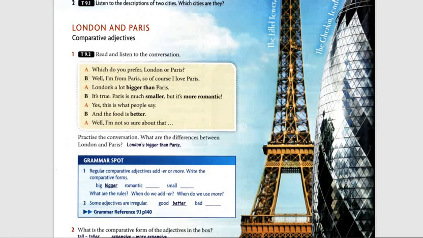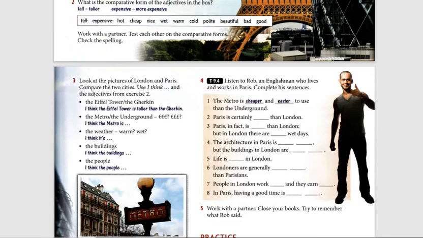Moving to the next page, in exercise number 3, look at the pictures of London and Paris. Compare the two cities. Use I think and the adjectives from exercise number 2.